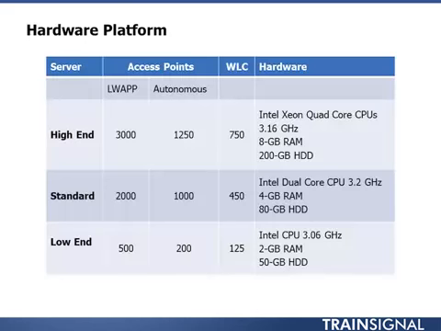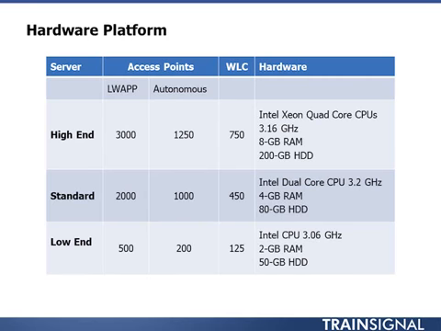It's important that you understand what the hardware requirements are, and it does depend on the number of access points that you're trying to support and the number of wireless LAN controllers. And so here you can see 3 models of servers: a low end, a standard, and the high end. How they're varying is the capability to support more and more access points, more and more wireless LAN controllers.